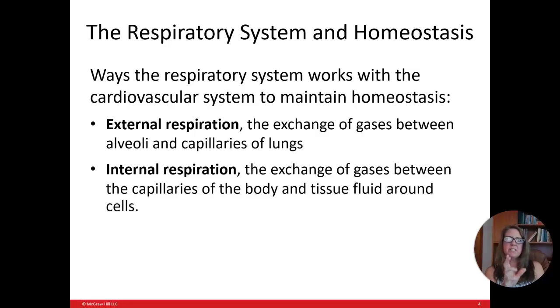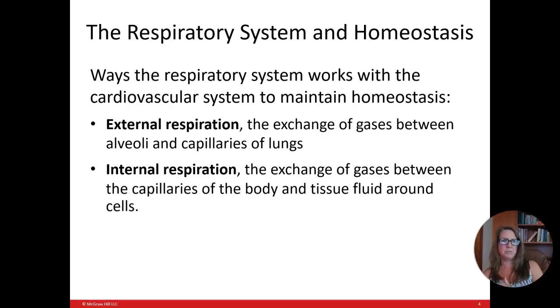So your book wants to differentiate between external respiration and internal respiration. Essentially we're thinking about how the respiratory system intersects with the cardiovascular system, which we just finished in the last chapters. External respiration is the exchange of gases between the alveoli and the capillaries of the lungs. So we're going from this airspace into the capillaries.